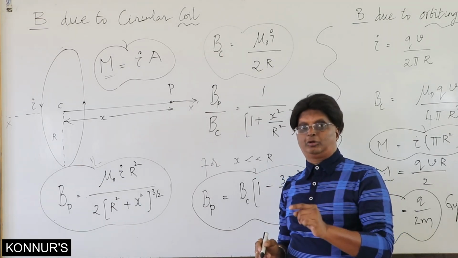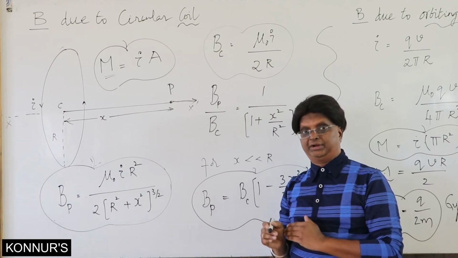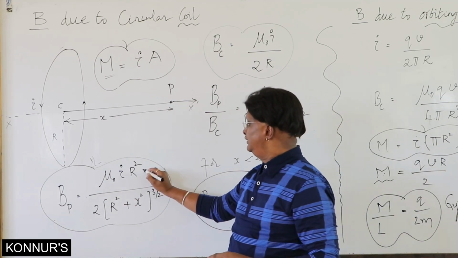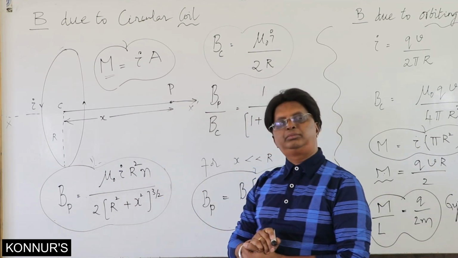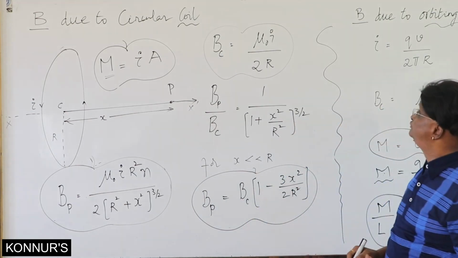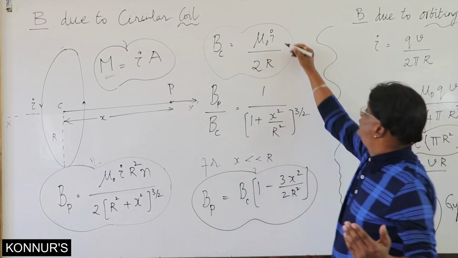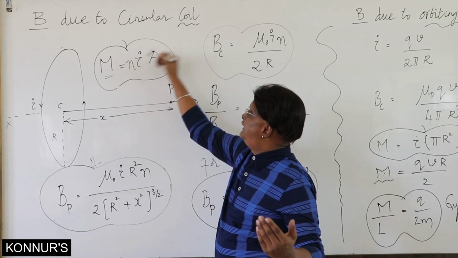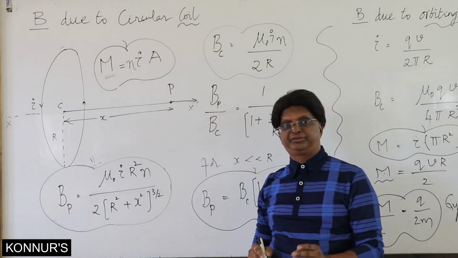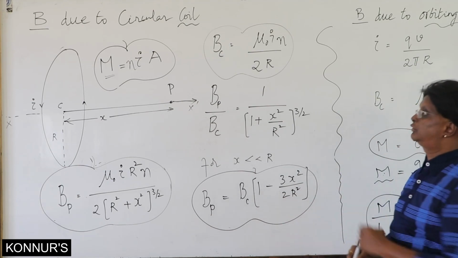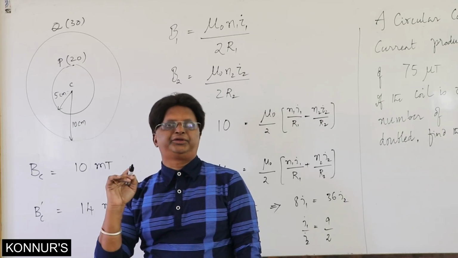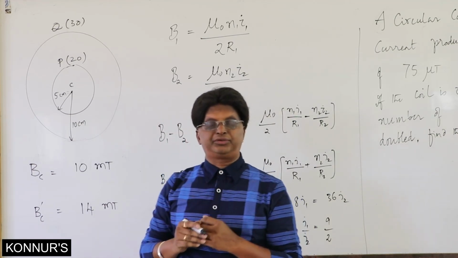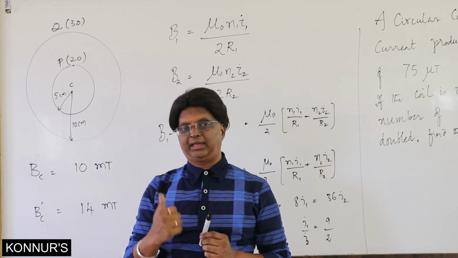So the difference between conductor and coil is the number of turns, and therefore in the results, the simple difference is that I will multiply with n, the number of turns in the coil. Here also the magnetic moment will be NIA. So that is the small difference between circular coil and conductor: the expressions for magnetic induction, the expression for magnetic moment, and also the rules for finding the direction.